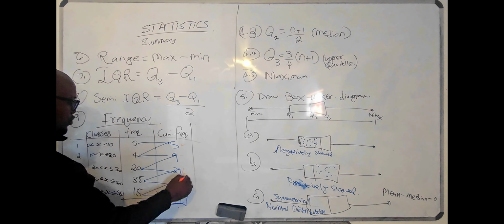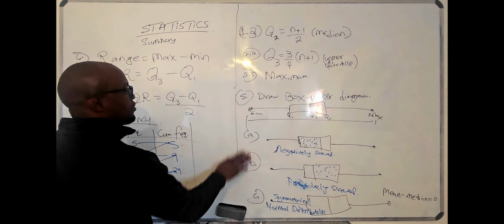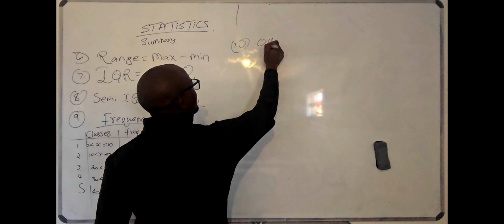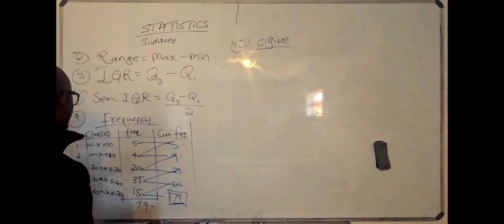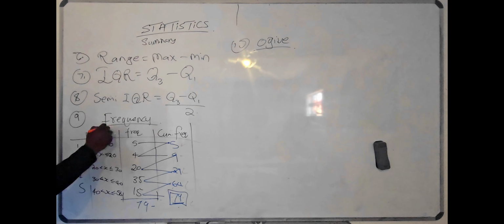When you draw the ogive, you draw it with the classes, but this is where you start. This should be your first value on the x. This is the x-axis, this is y. So you must start with the 0.